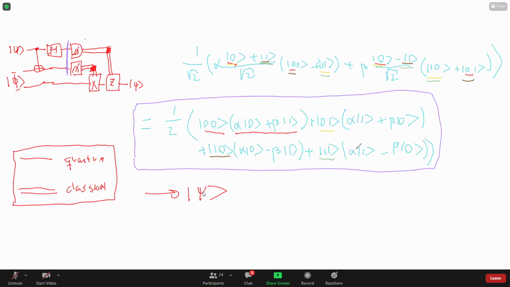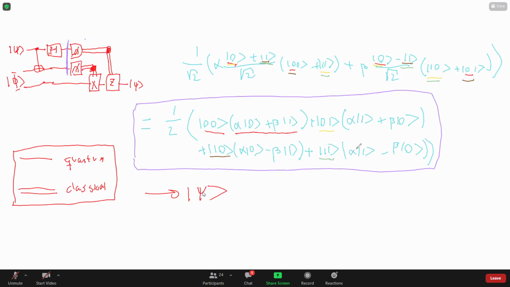Meaning it's actually completely random what he has, because if you take the average of these 4 states, no matter what alpha and beta are, you get what we call a mixed state, in the sense that you don't have any information left, because it's equal chance of getting 0 and 1, since he randomly has a bit flip or phase flip.